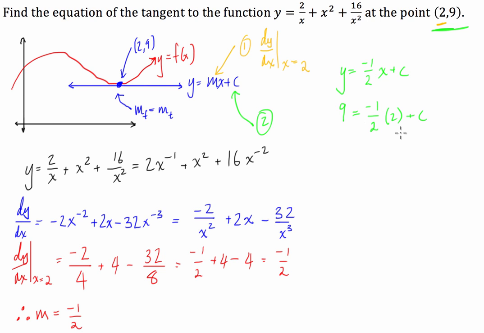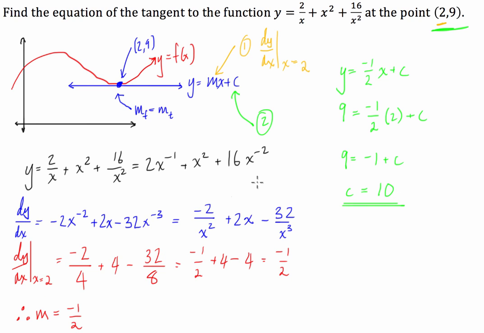We then multiply negative a half by 2, so we have 9 equals negative 1 plus c. So c would have to equal 10. As you can see, I've substituted the coordinate point into my linear function and solved for c, because it's the remaining variable.